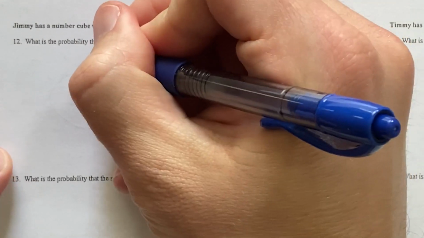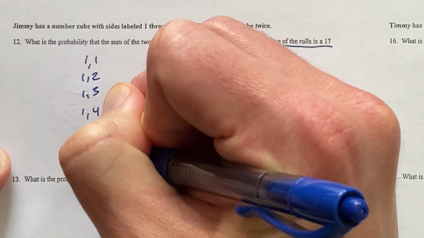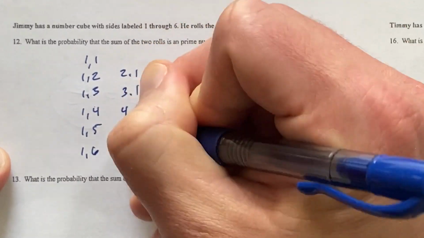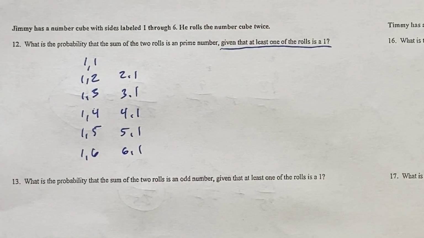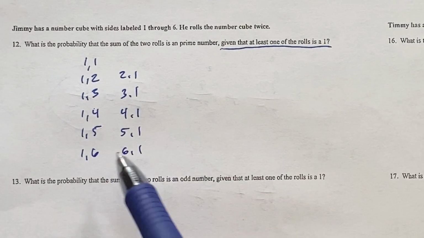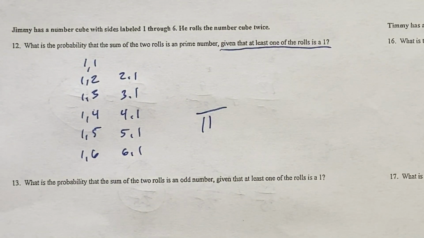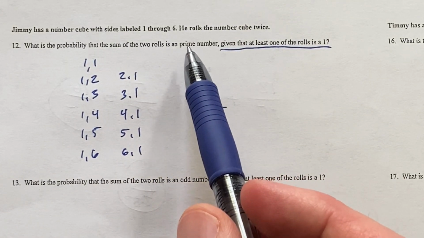So we got our number cube. That'd be 1,1; 1,2; 1,3; 1,4; 1,5; 1,6; 2,1; 3,1; 4,1; 5,1; and 6,1. Okay. How many total we got there? I believe we got 11. And then we want the sum to be a prime number.